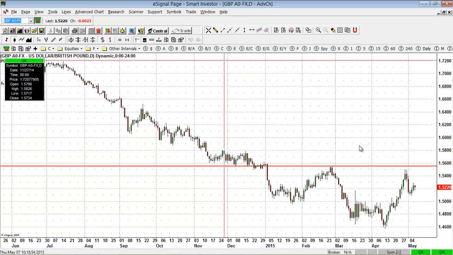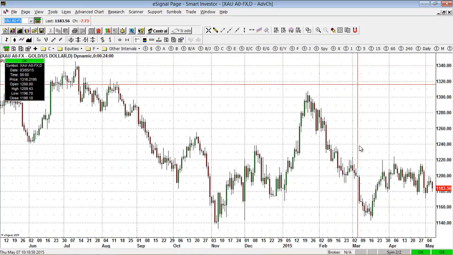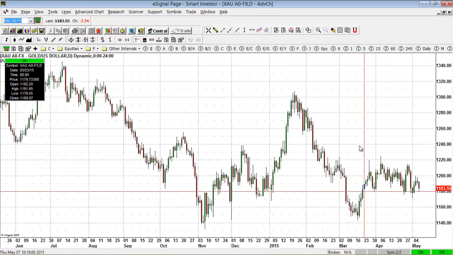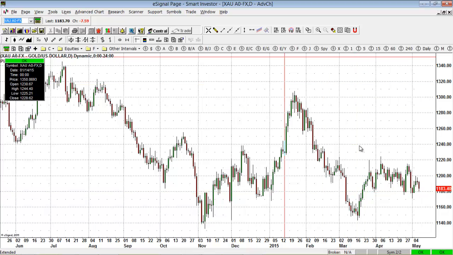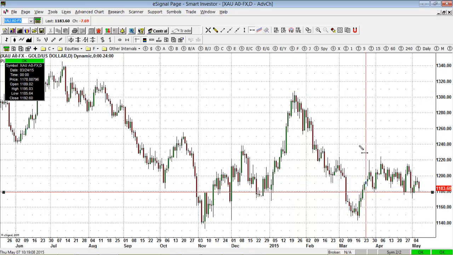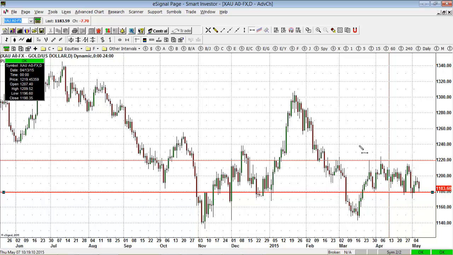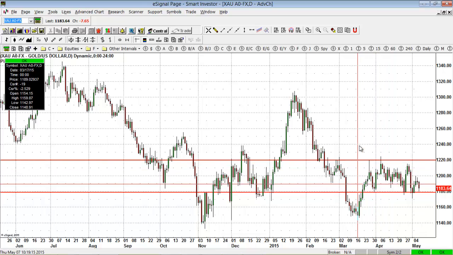Okay? Well, also, let me quickly look at the gold market, and we're coming up on support in this 1180 region. Let's draw the line here, 1180, and top is around 1220.